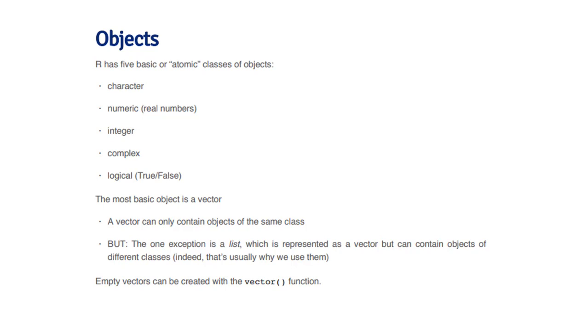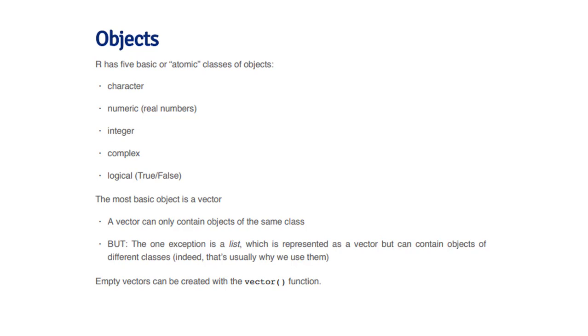Of course, with any great rule, there is always an exception, and this one is no exception. With vectors, there is one type of vector that can have multiple different types of classes, and that is called a list. A list is represented as a vector. It's a sequence of objects, but each element of that vector can be an object of a different class.